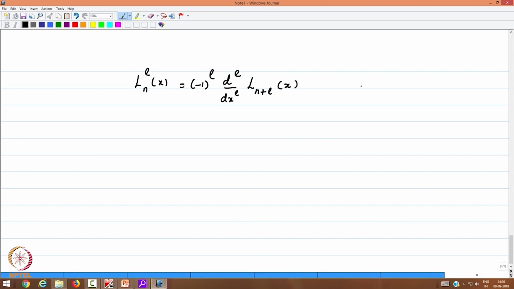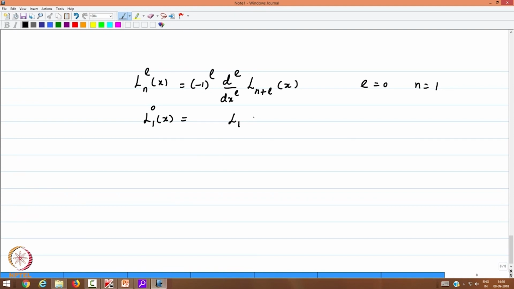So, if L is 0 and n is 1, then you have L1 of x. I do not even want to write L0 of x, because there is no L0 anyway. So, the first one for which L can be mentioned is n equal to 1. That will be when L is 0, this is 1, and there is no derivative, and therefore L1 of x 0 is L1.